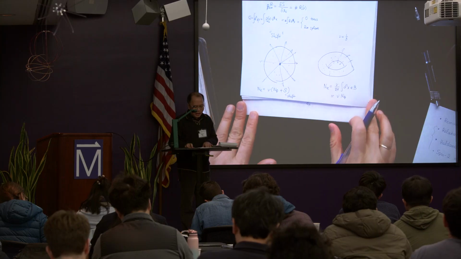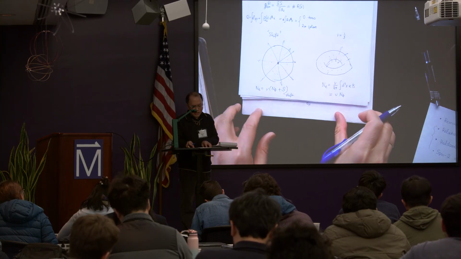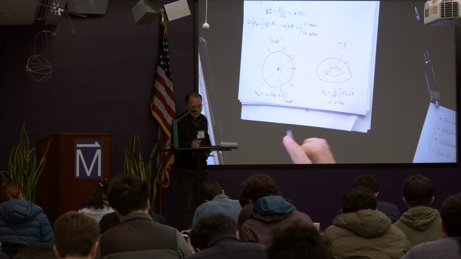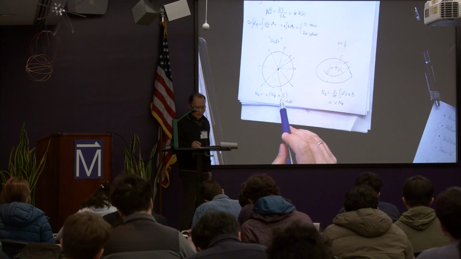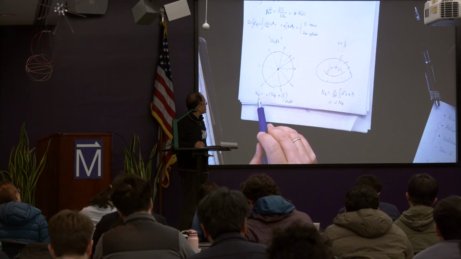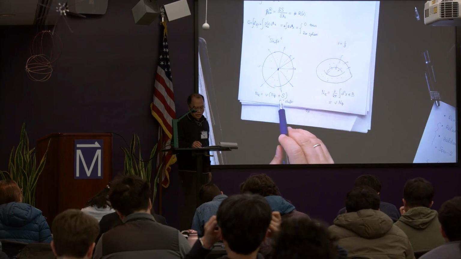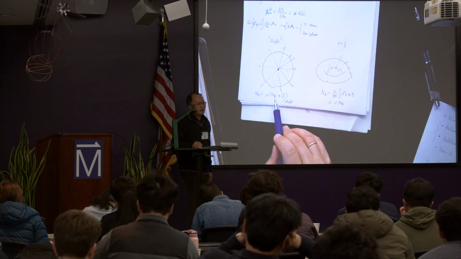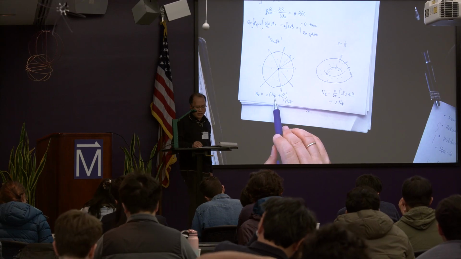So the shift is an extra number of electrons. It is the offset in the linear relationship between the number of electrons and the number of flux quanta through the sphere.